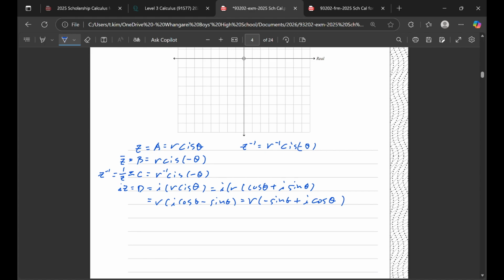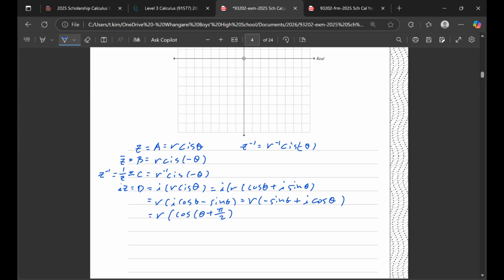To change back to cis form, polar form, we have to change sine to cosine and cosine to sine. First of all, minus sine theta is equivalent to cosine of theta plus pi over 2.